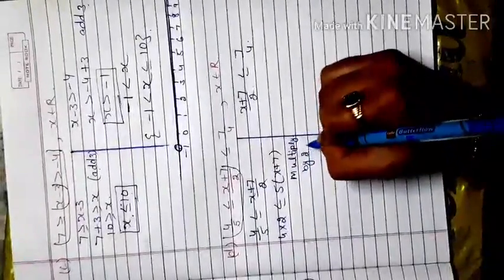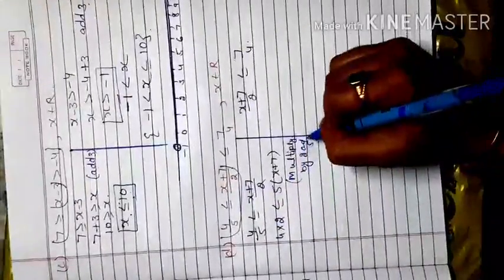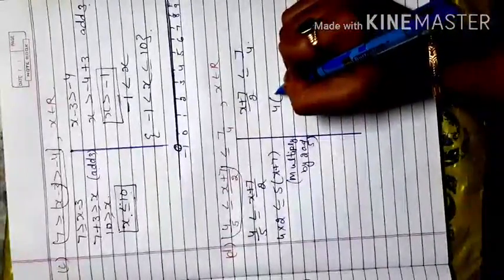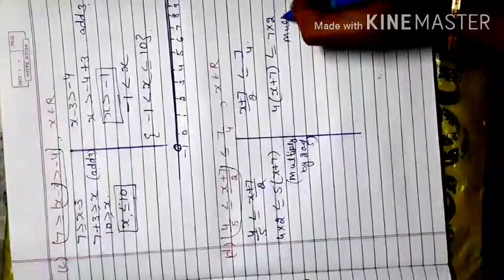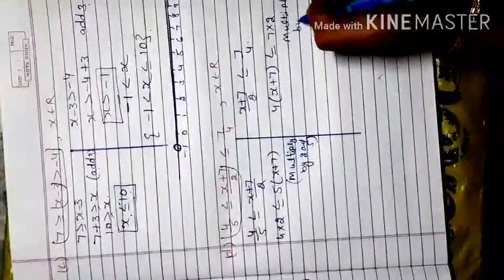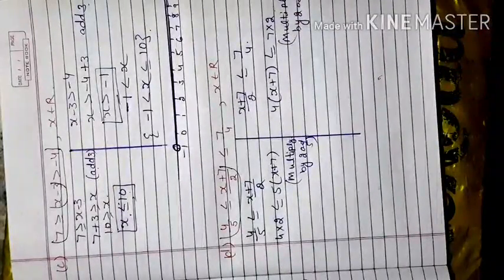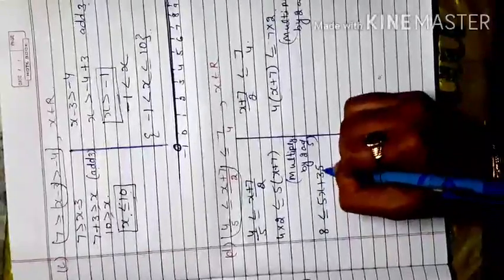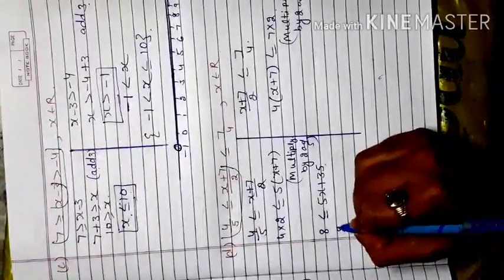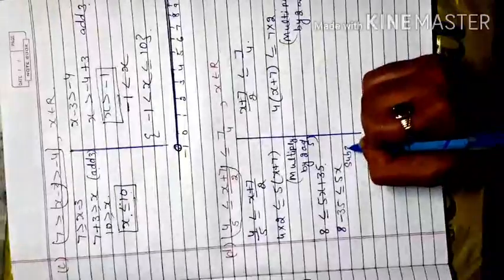Multiply by 2 and 5. And we can also write that we take the LCM of 5 and 2 and write the multiplication by the LCM. Then 4x plus 7 less than or equal to 7 into 2, multiply by 2 and 4. The LCM of 2 and 4 is 8, or we can also take 4, that is we directly multiplied by 4 on both sides. That will be 4 into 2, 8 less than or equal to 5x plus 35. Then 8 minus 35 less than or equal to 5x. Then we write it here, subtract 35.